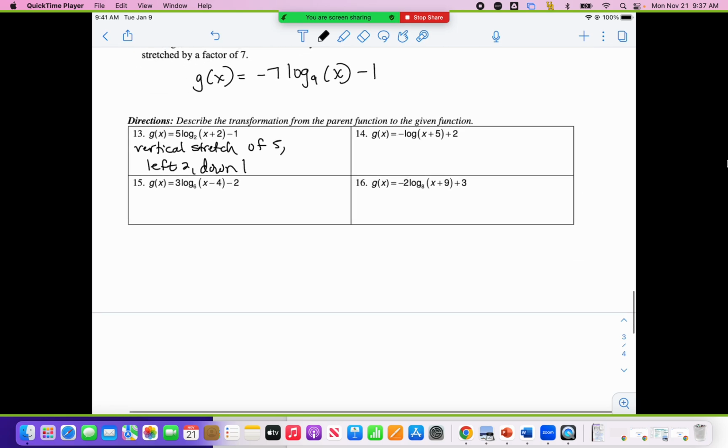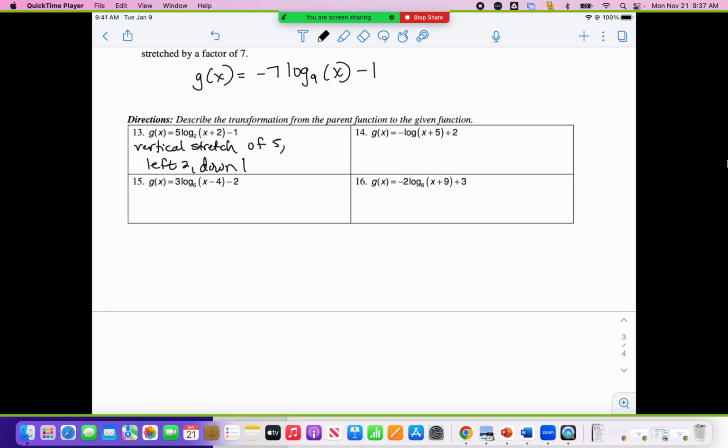All right, check 13. Make sure you're off to the right start. Vertical stretch of 5, left 2, down 1. Keep going, keep working.